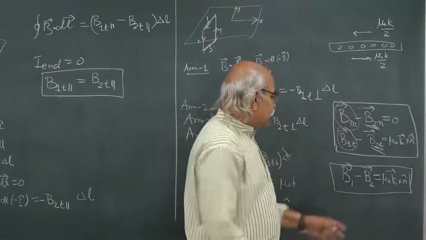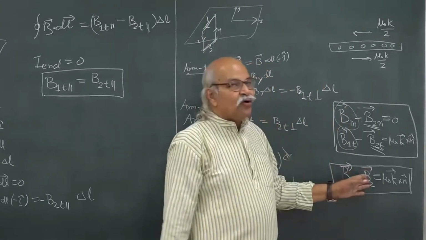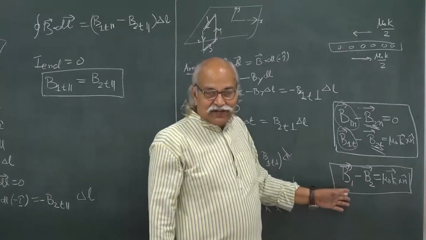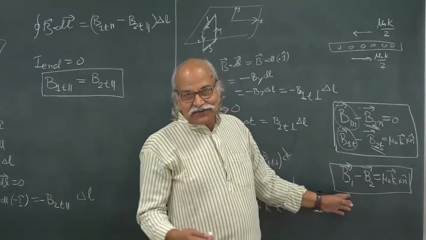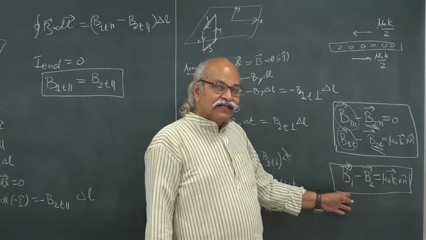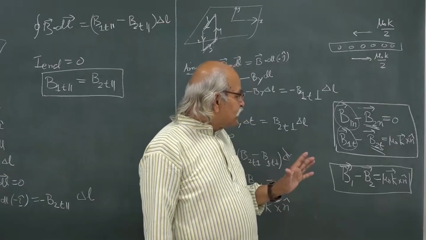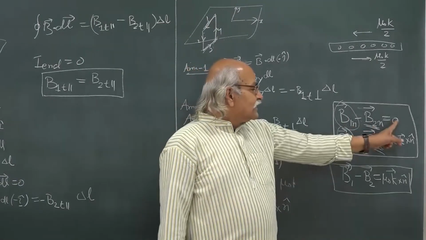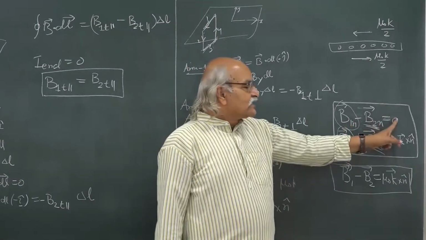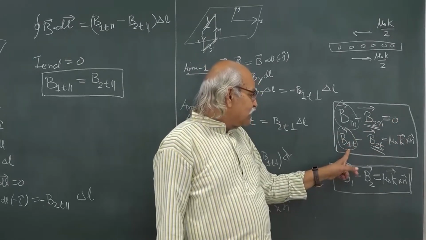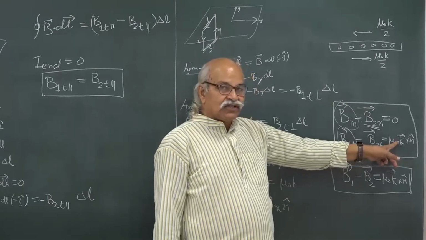This one relation contains all the information, and you can derive everything from it. But practically it is better to remember the conditions separately: the normal component does not change, and the tangential component changes, and the discontinuity is this much.